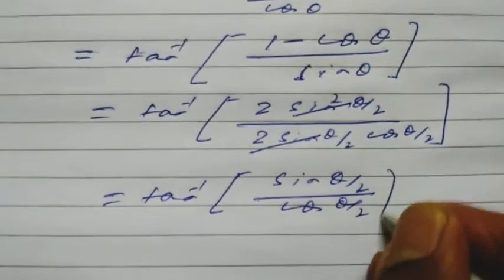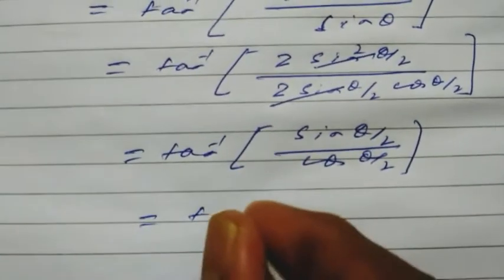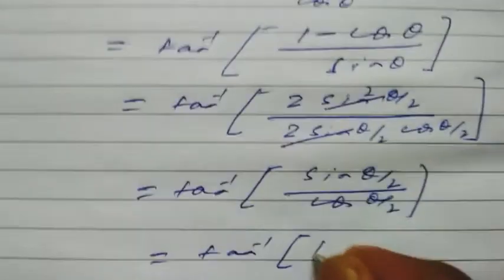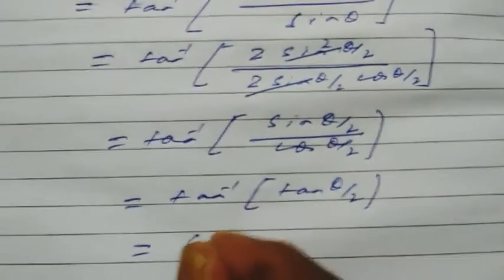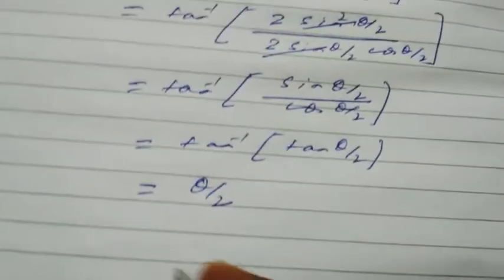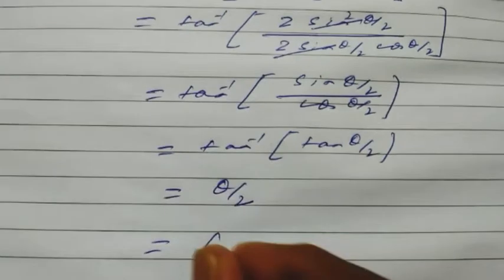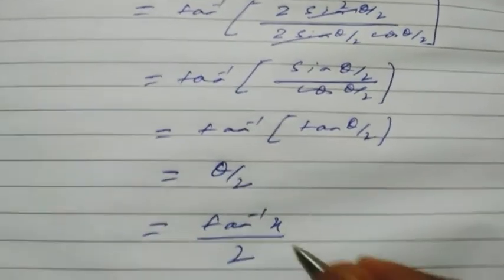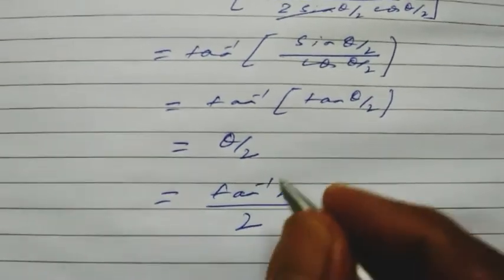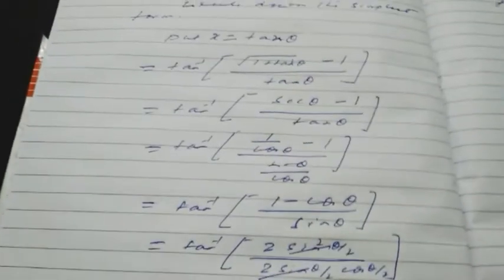And further, it will be tan inverse of tan theta by 2. That will be theta by 2. What does that mean? When we put in for theta, this is tan inverse x by 2. So the simplest form for the given example will be tan inverse x by 2.